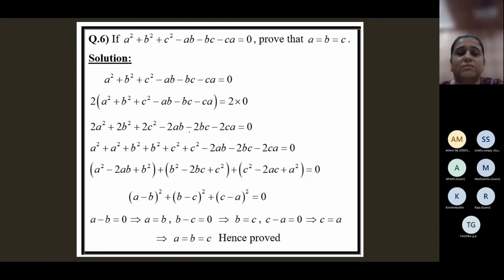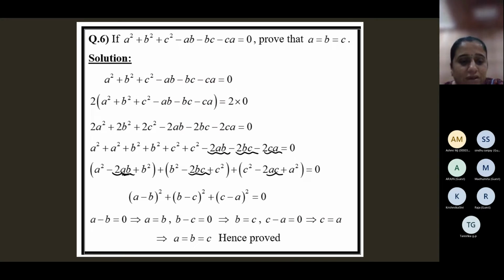Now for every middle term, minus 2ab. Can you see it here in this bracket, minus 2ab? Minus 2bc here in this bracket, minus 2ca in this bracket. So we have written these three. Now we have 2a squares, 2b squares and 2c squares.